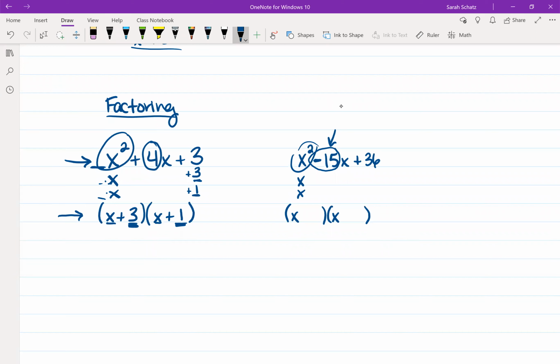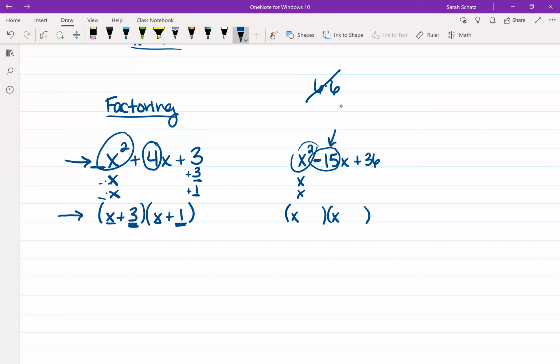So what are some factors of 36? Well, obviously 6 times 6. And I know this is not going to be the one, but let me walk you through my thought process. Is there any way that 6 and 6, either 6 plus 6 or 6 minus 6, could add up to negative 15? I don't think so. So 6 times 6 ain't going to do it.